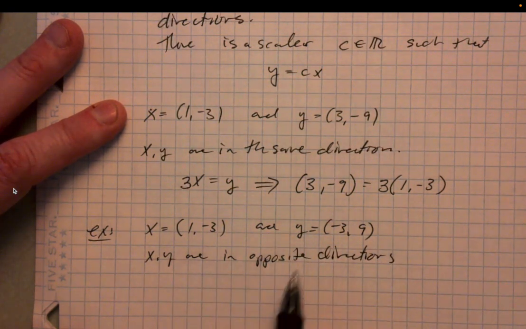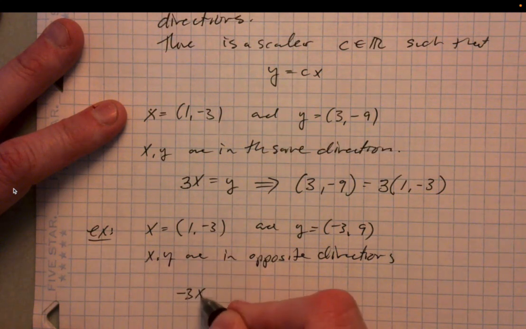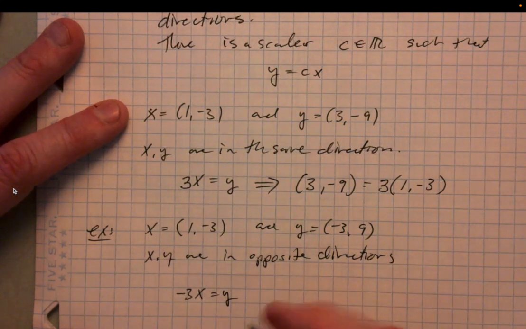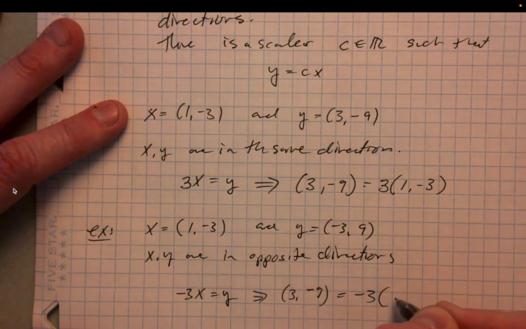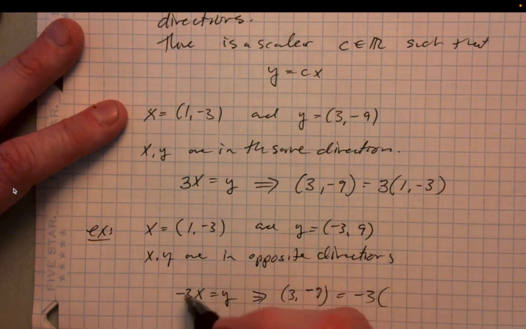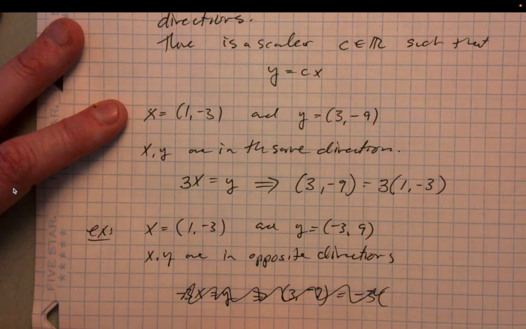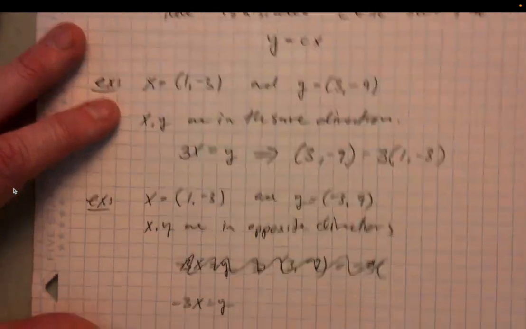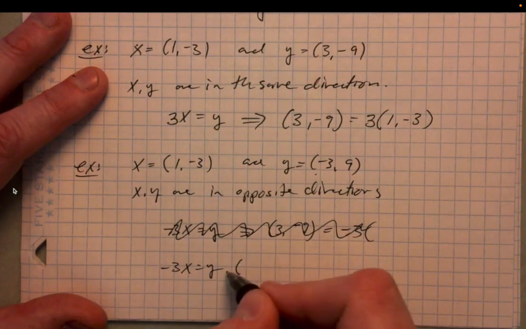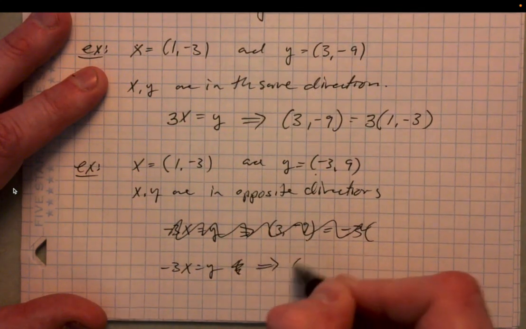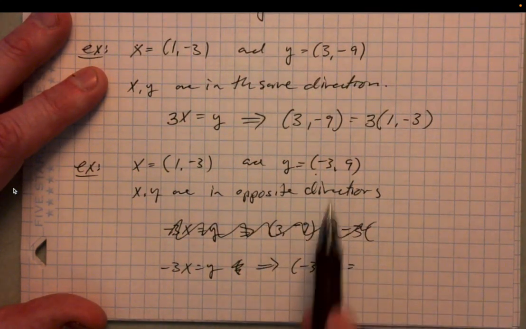Here you can see that negative 3x equals y, and that's because negative 3 times negative 3 is 9.